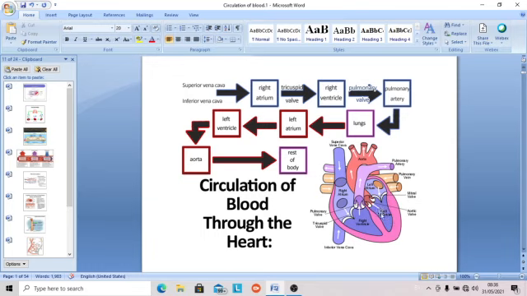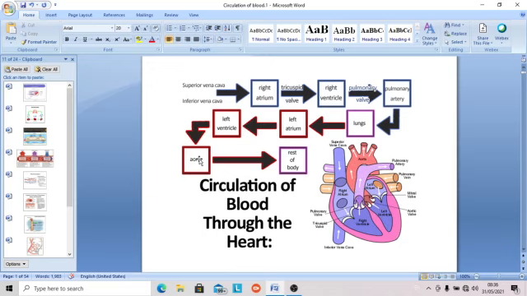Now this is purely oxygenated blood, and provided there is no aortic stenosis, the walls are normal, and there is no left ventricular arrhythmia, the blood will pass to the aorta. When both ventricles contract together, from the right side blood will pass to the pulmonary trunk, and from the left side to the aorta.